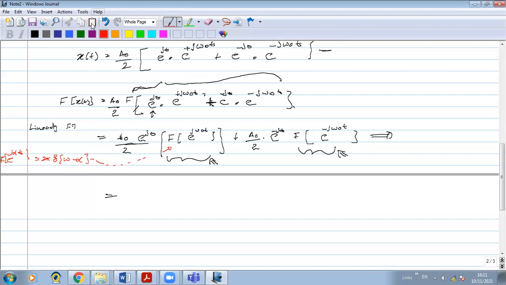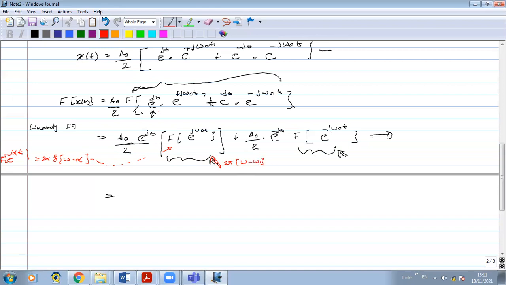So you can write the Fourier transform of this e to the power j omega t term. Here it is alpha and here it is omega naught, so you can write this term as 2 pi delta of omega minus omega naught.